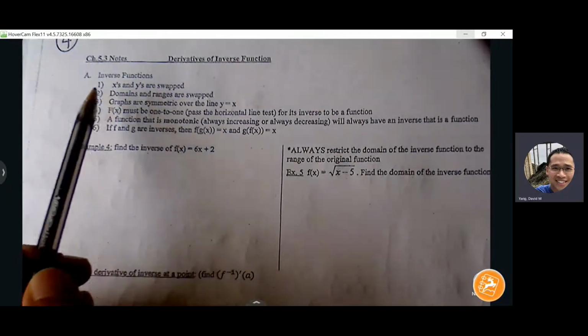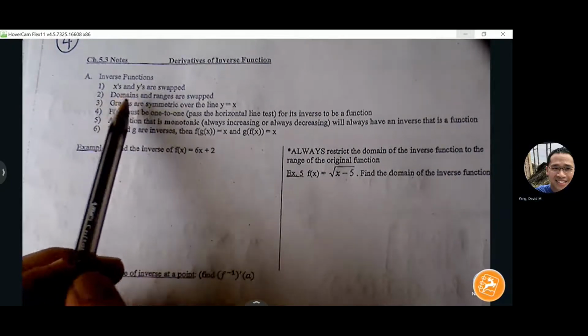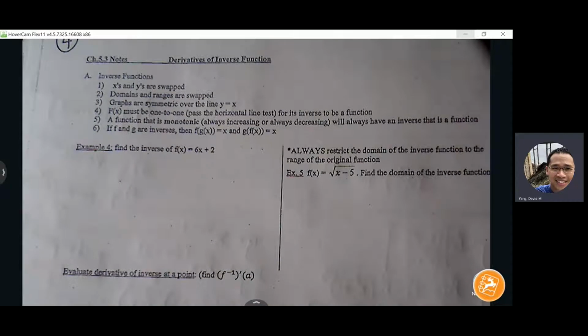Okay, so let's review inverse functions. Inverse functions are where x's and y's are swapped. And because x's and y's are swapped, your domains and range are also swapped.